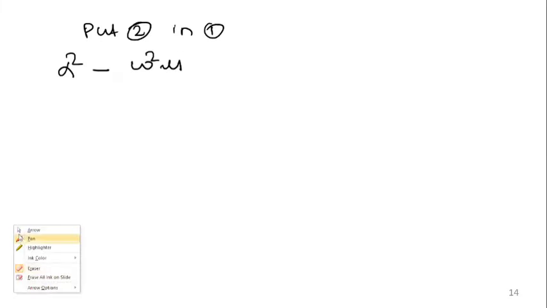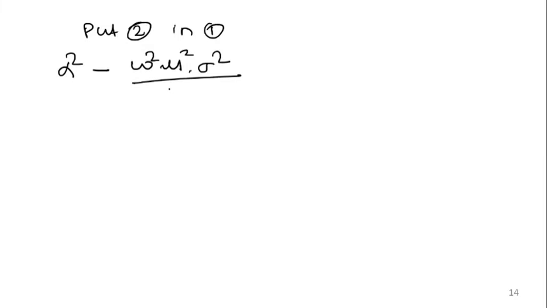So then substitute equation number 2 in equation number 1. Put 2 in 1, then alpha square minus, what is beta square? Beta square will become omega square mu square sigma square by 4 alpha square.